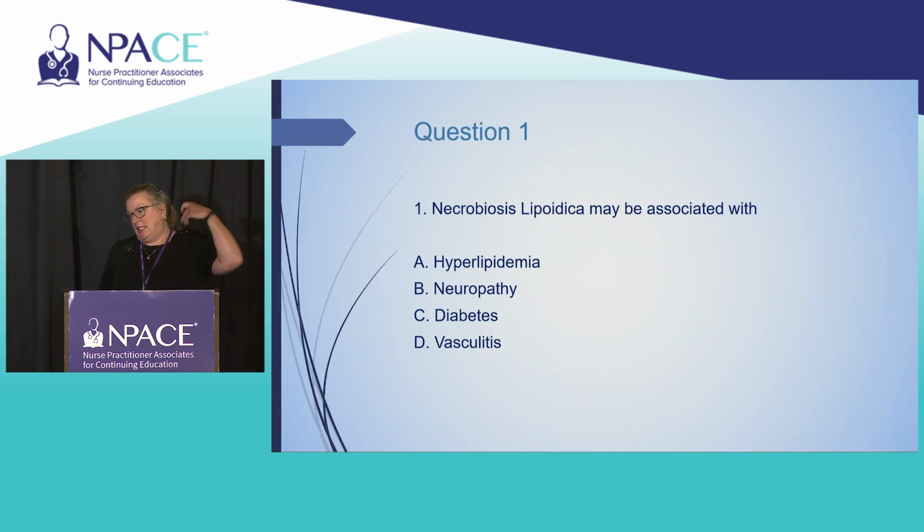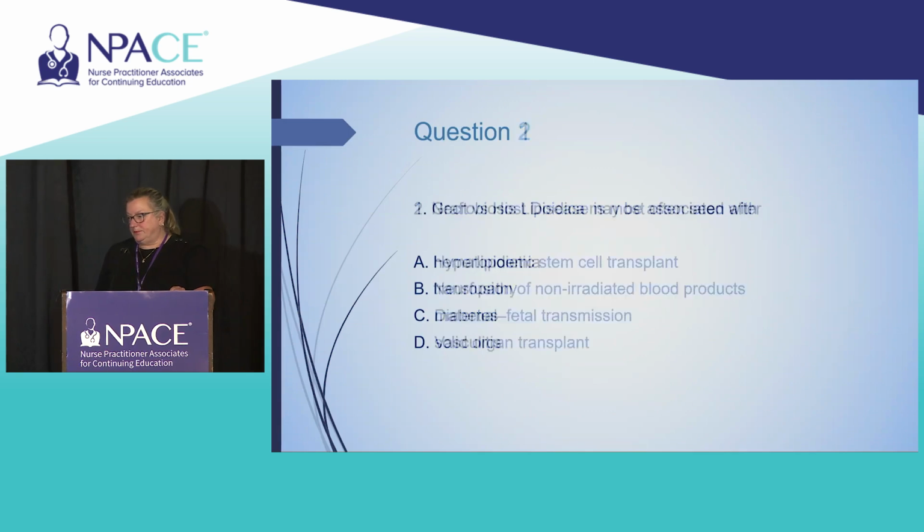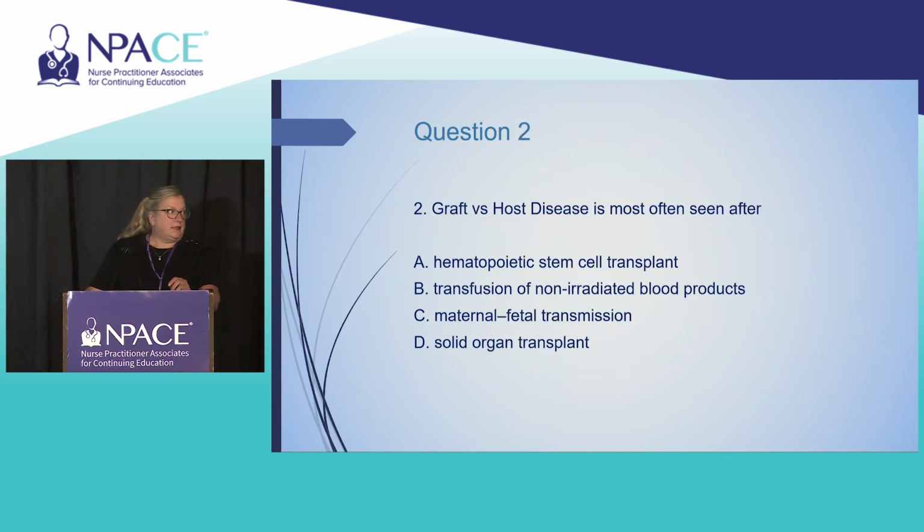And some more questions. Necrobiosis lipoidica may be associated with hyperlipidemia, neuropathy, diabetes, or vasculitis. The second question is graft versus host disease is most often seen after hematopoietic stem cell transplant, transfusion of non-irradiated blood products, maternal fetal transmission, or after solid organ transplants.